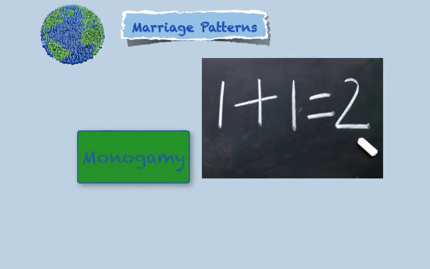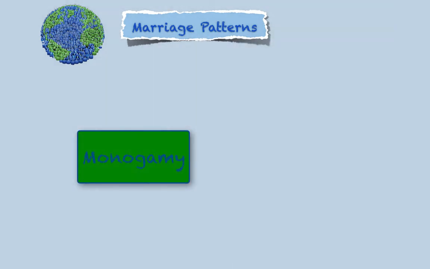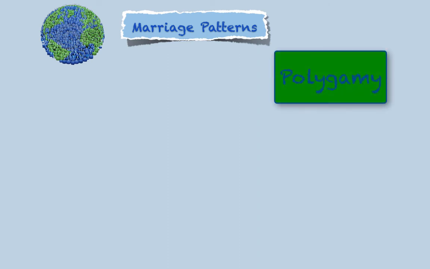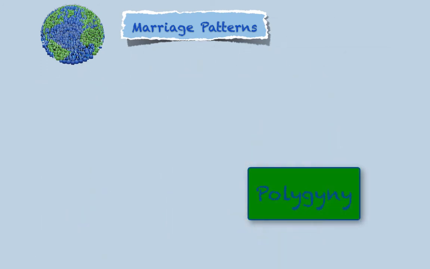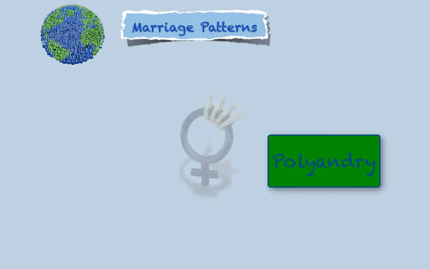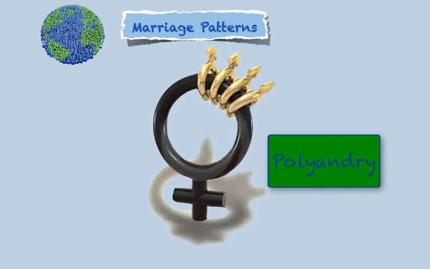Monogamy, on the other hand, is essentially a marriage between one person at a time. This is the legal pattern in Canada. And polygamy is where one person marries two or more other people. Polygamy, when broken down, can include polygyny, which is one man and several women, or the alternative is polyandry, one woman with more than one husband.